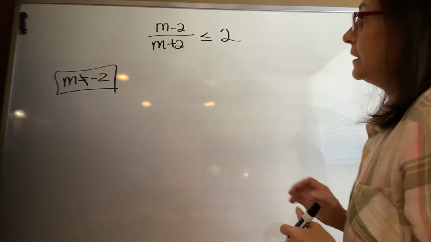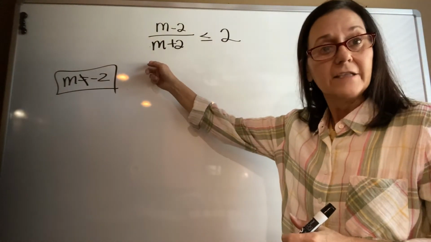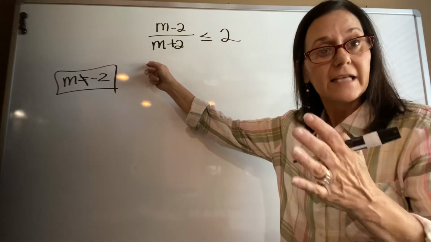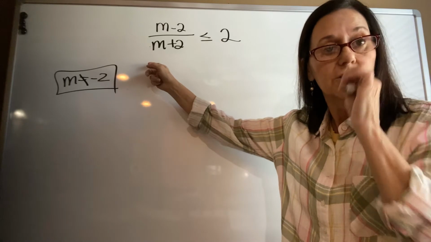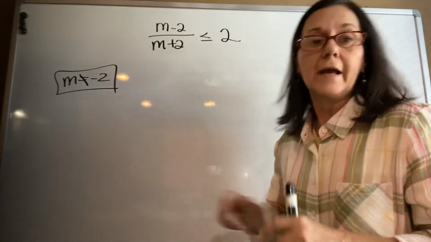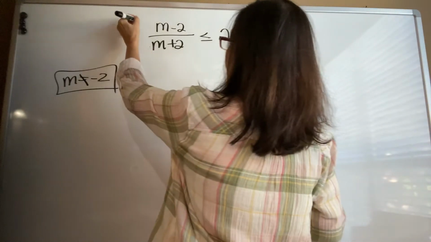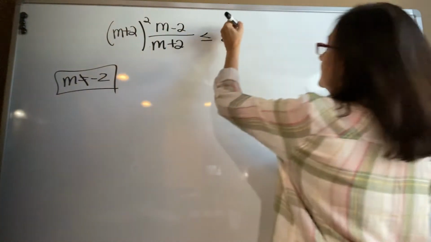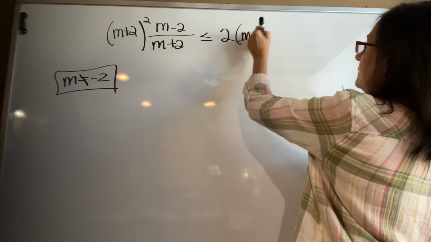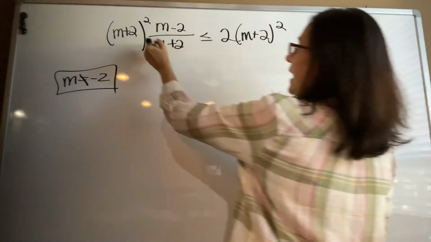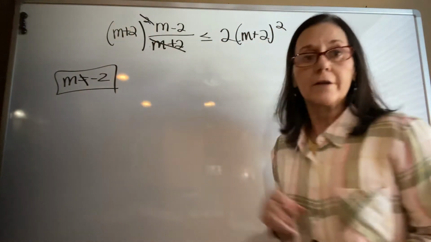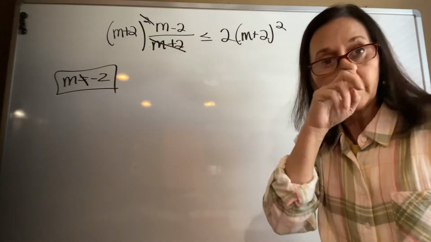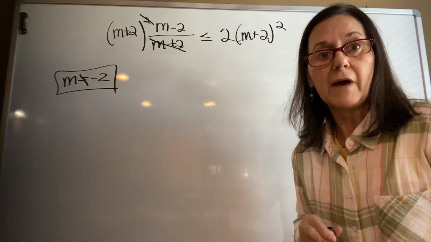All right, because I don't know if that denominator is a negative value when I combine m and 2, I must multiply both sides by (m plus 2) squared. On the left, the denominator eliminates, and I just multiply m plus 2 times m minus 2.